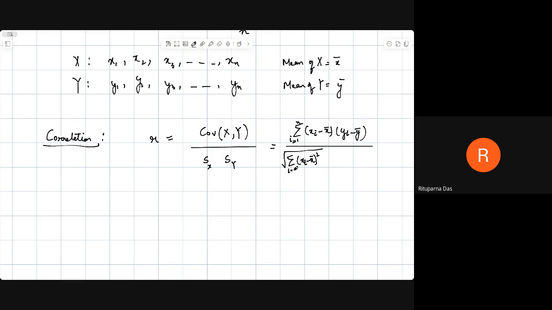Sigma is summation; for summation we use the symbol sigma. So that is basically the formula for calculating the correlation coefficient.